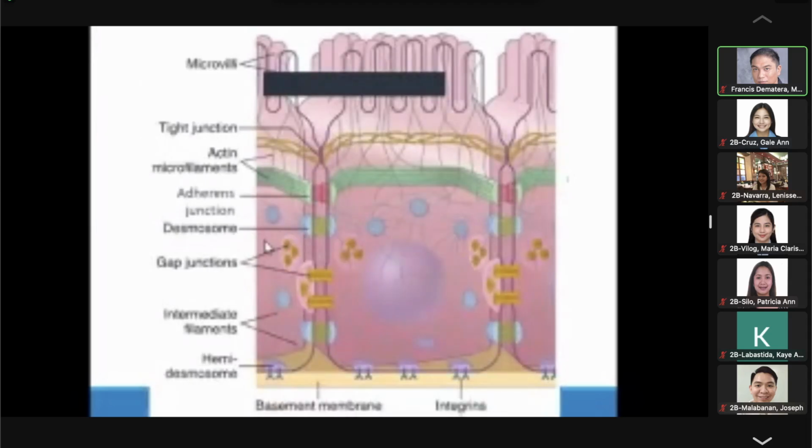So here is where the gap junctions are located. They play a role in cell-to-cell communication. For example, in heart muscles, they allow cell-to-cell influxes of calcium to allow coordinated contraction.